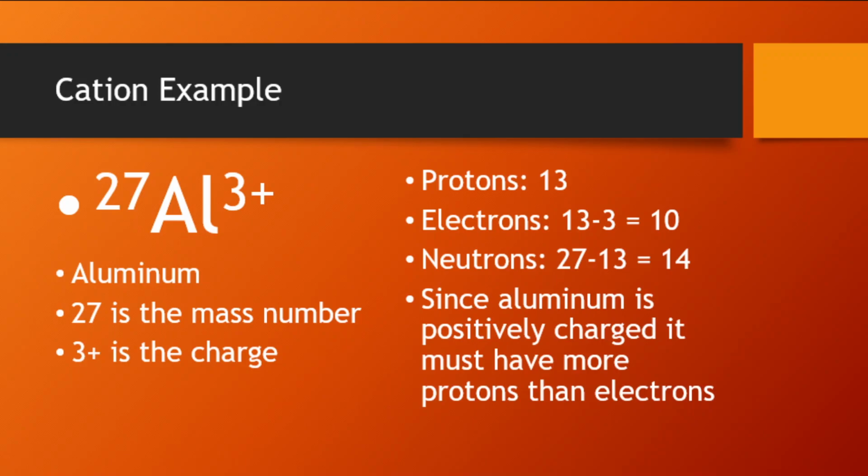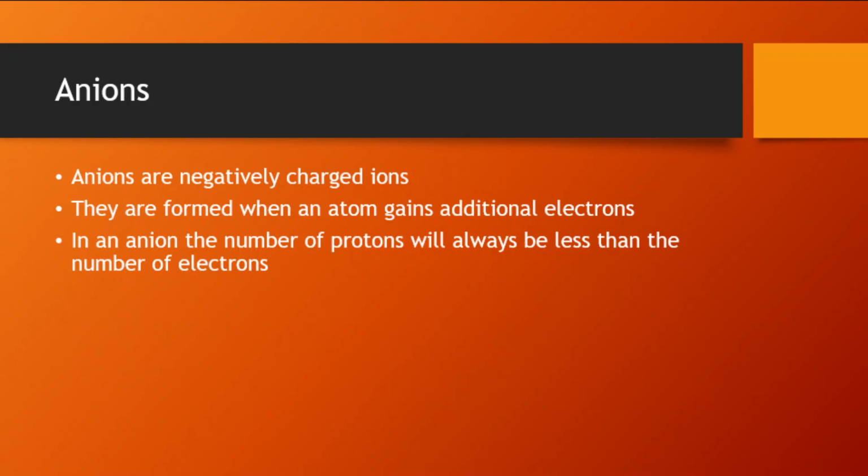Now, moving on, we're going to look at anions now. So anions are going to be negatively charged ions. They get formed when an atom gains additional electrons through some sort of chemical process. So that means that our atom is going to get additional electrons added to its electron cloud.